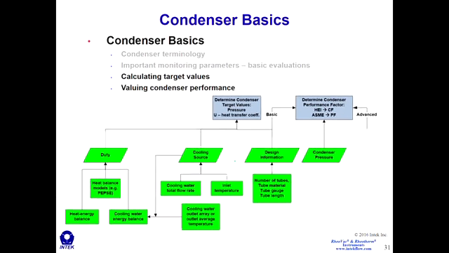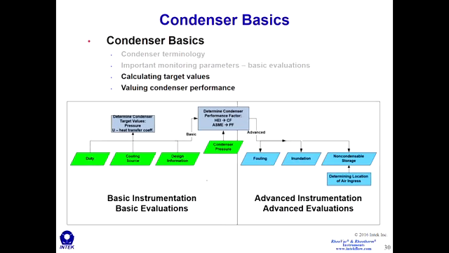By the way, this chart is divided up, and the green stuff is the items identified in green. There's basic instrumentation for basic evaluation. All of you should be able to do this with the instrumentation that you have in place. For this type of analysis, identifying fouling, air storage, things like that, you probably need more advanced instrumentation, but we'll talk about that tomorrow.